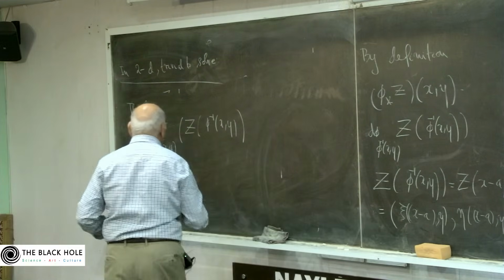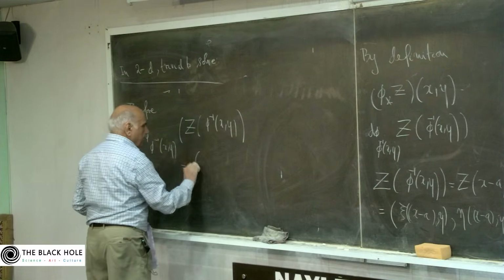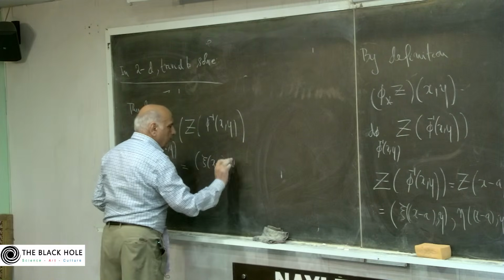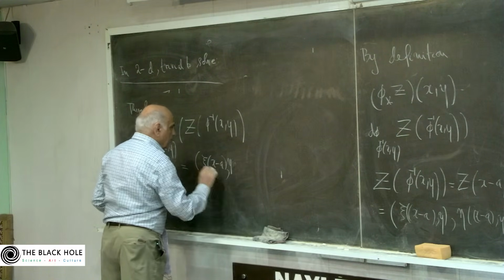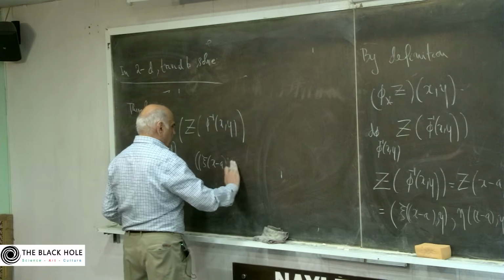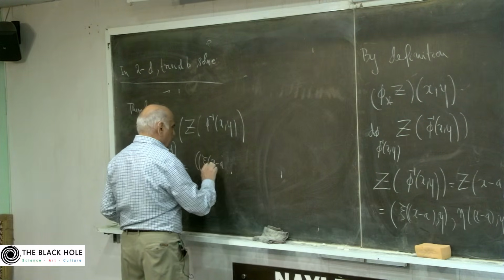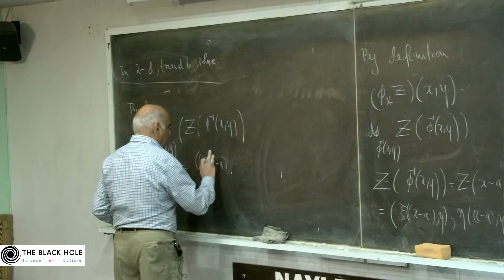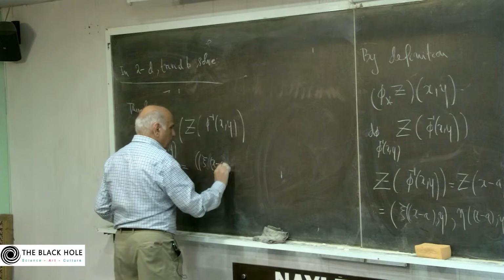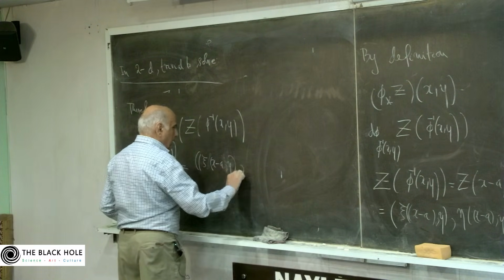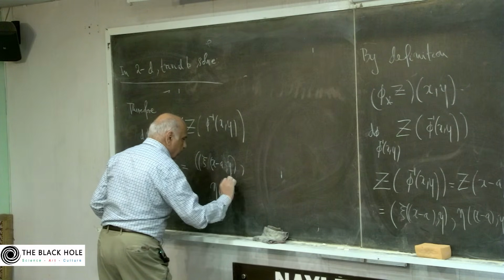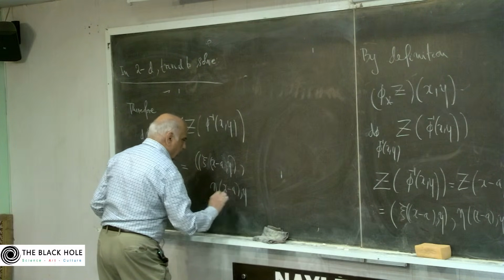This is equal to xi of (x minus a, y), and eta of (x minus a, y).